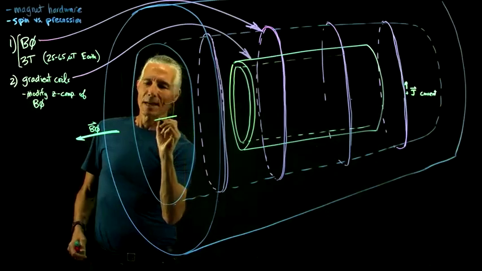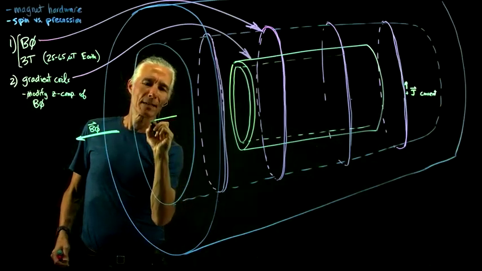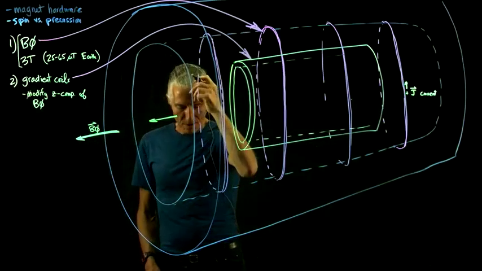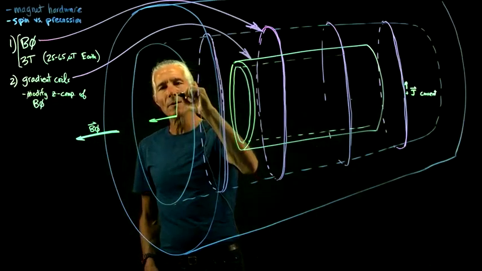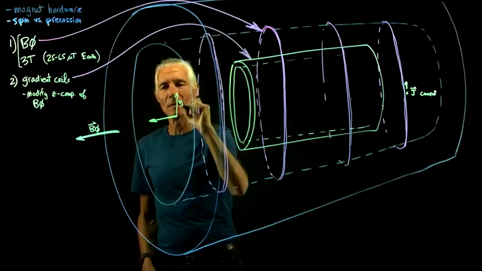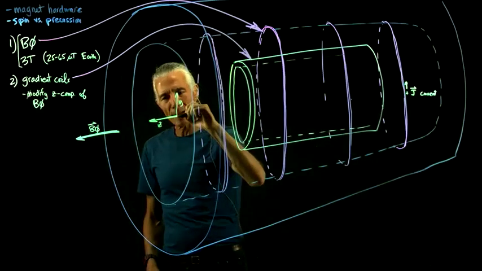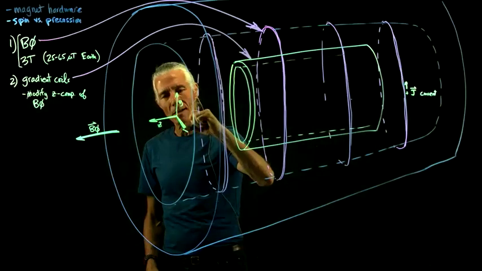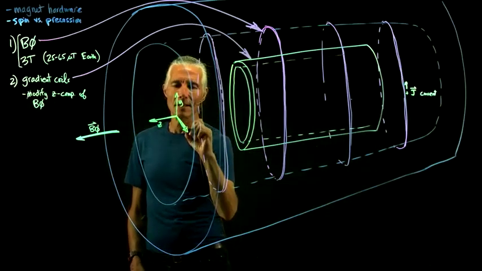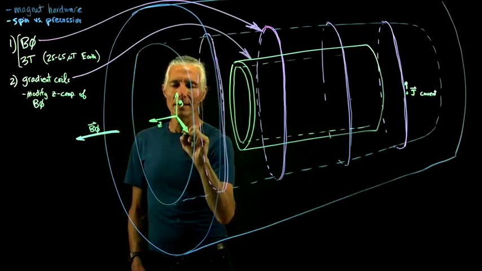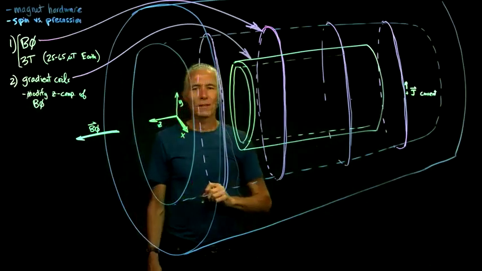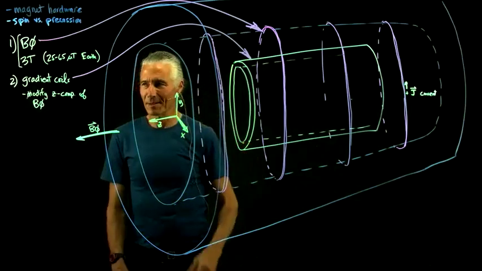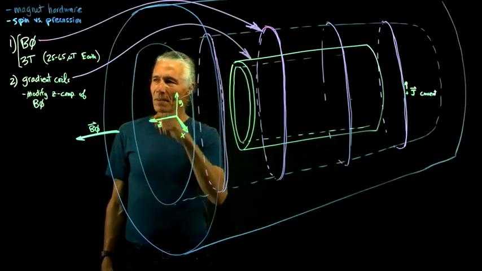That direction coming out of the magnet, that's the Z direction, and then going up, we'll call that the Y direction. And then coming out at you, that's the X direction. We're going to use this coordinate system for the rest of the semester.